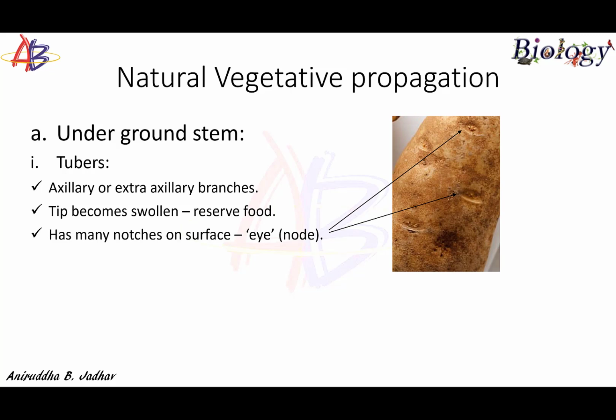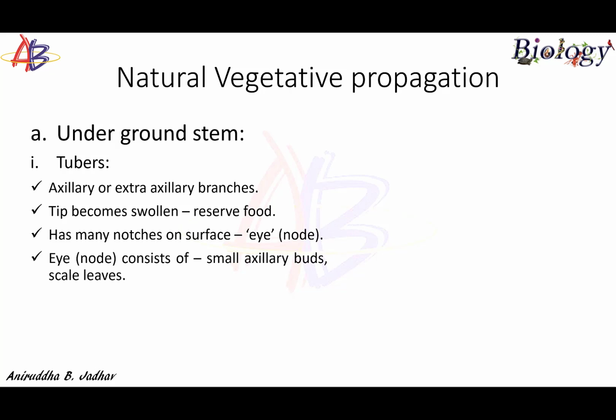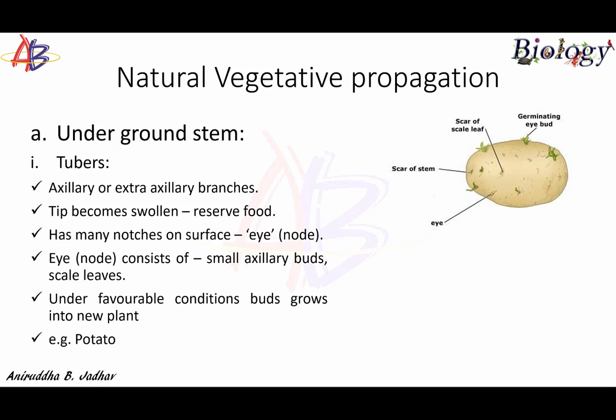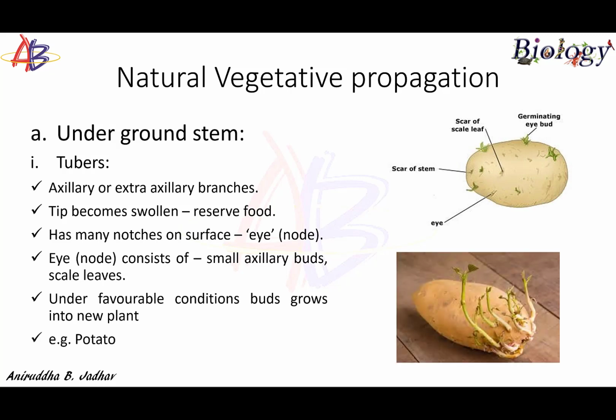Each eye is actually a node and consists of one or more small axillary buds and reduced scale leaves. Under favorable conditions, one of the axillary buds forms a new plantlet. So here the example is potato.